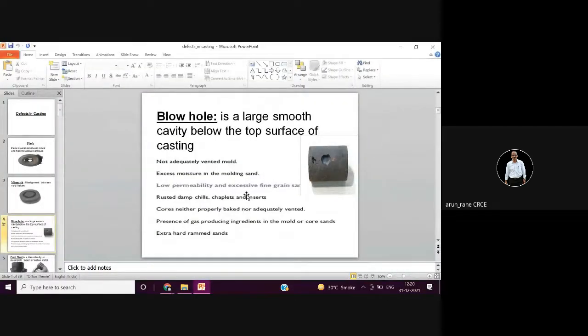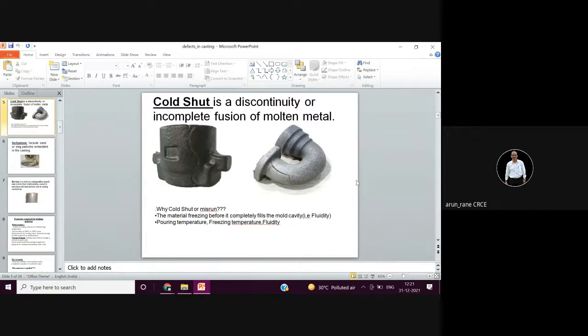Gas holes. It can be on the top or it can be inside. Cold shut.